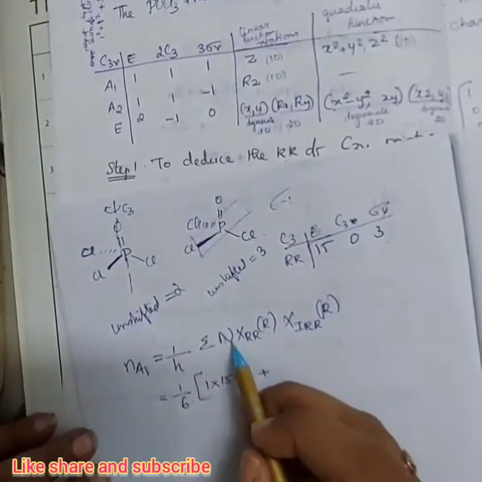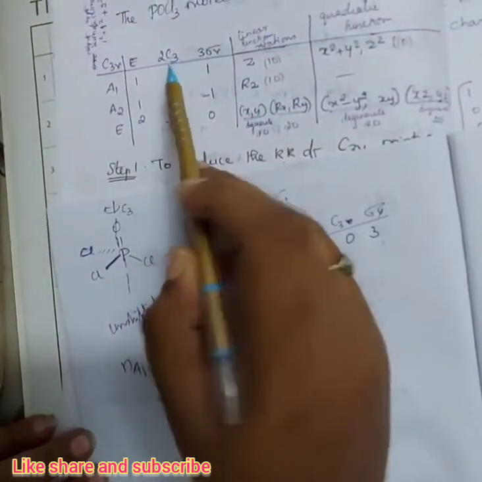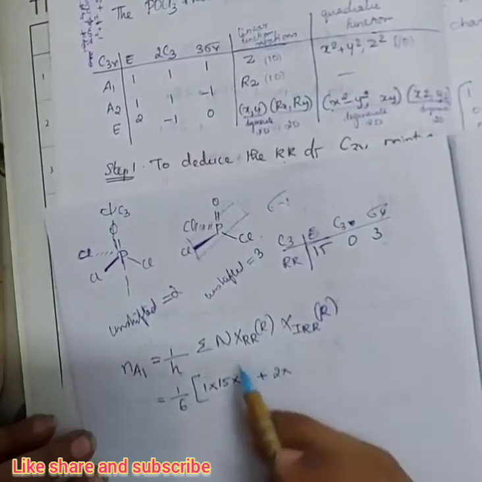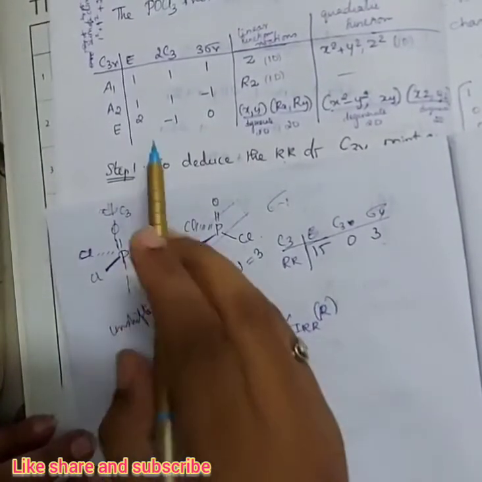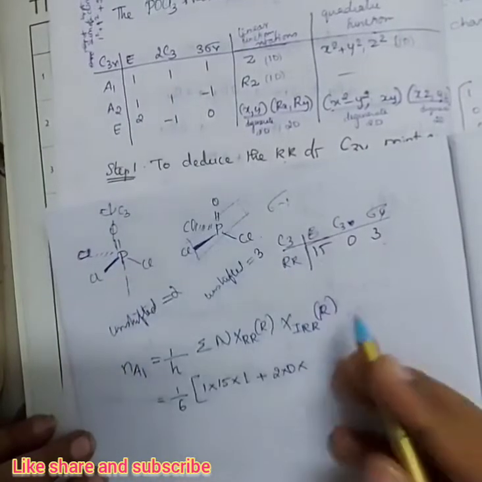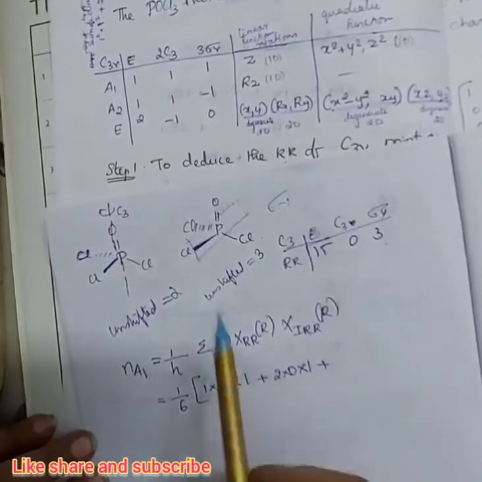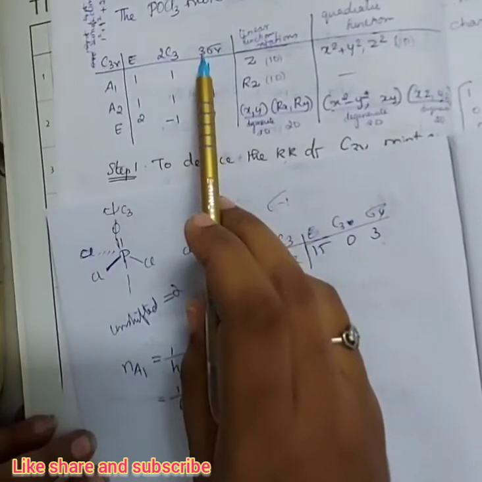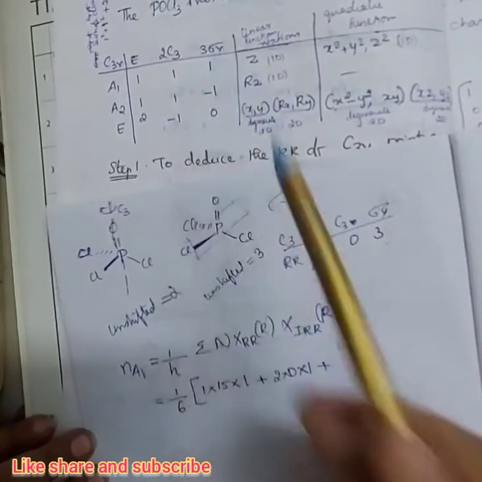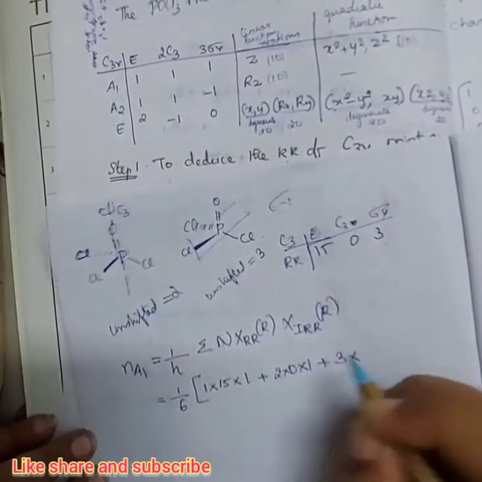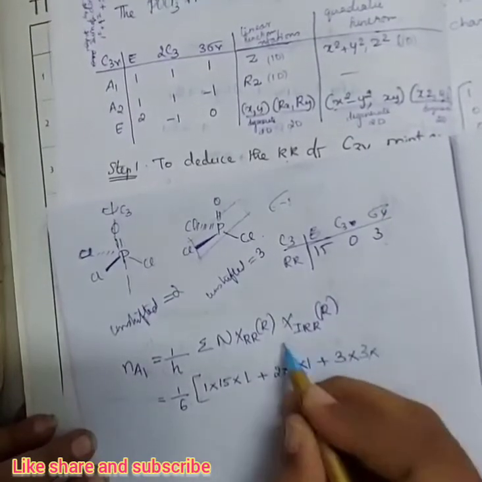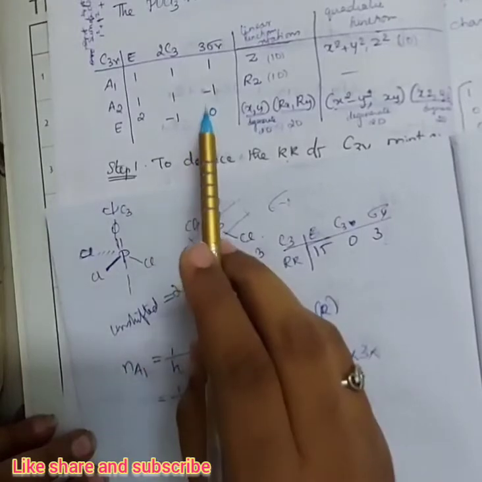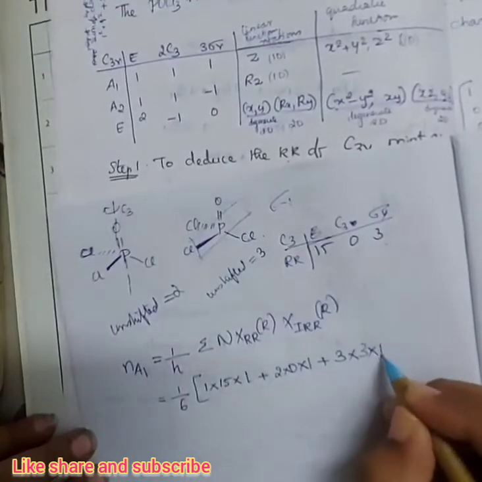Plus, 2 C3s are present, so 2 into the reducible representation's character 0 into the irreducible representation's 1. Plus, in the case of sigma V, there are 3 operations in the class, so 3 into the reducible character 3, into the irreducible representation, 1 again.